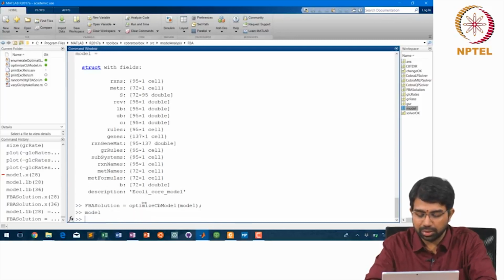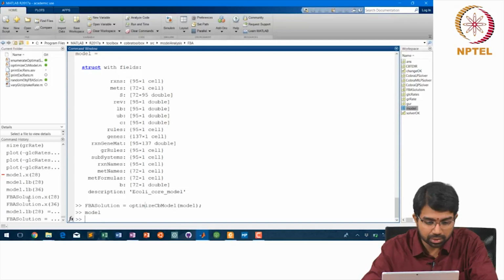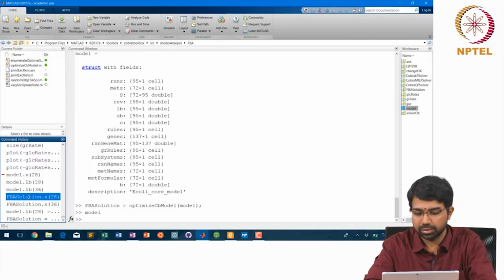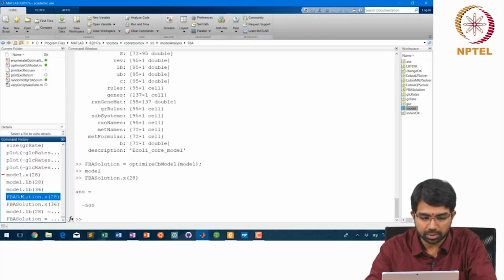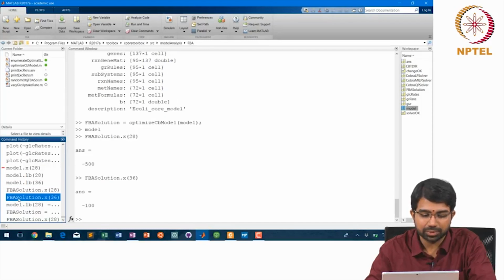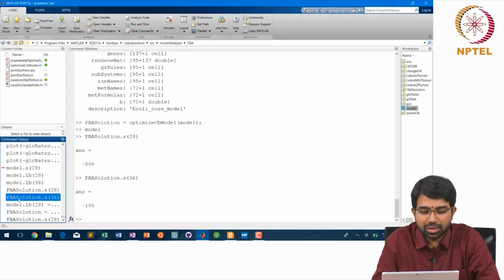Now you look at FBA solution.x 28, it is minus 500, and x 36 is going to be a scaled version of the previous number that we saw. It is actually limited at 100.